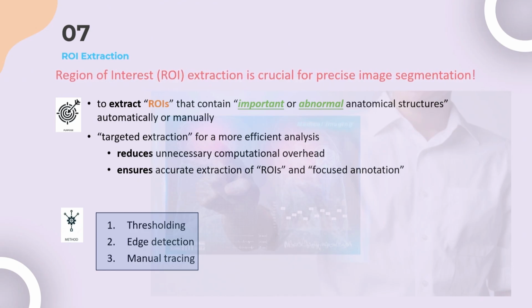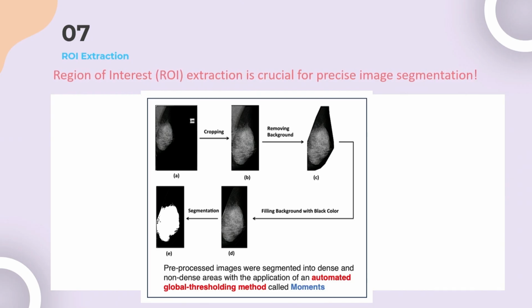Of course, we have different techniques to extract the information, what we call the region of interest. Here I want to show you a very simple method, all right? An image consists of a range of different brightness or grayscale, from very bright to very dark.